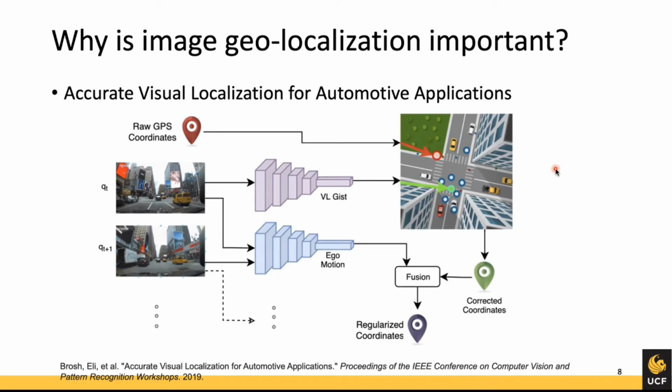Image geolocalization is very important for various real-world applications. For example, we can use it for automotive applications. Maybe the phone GPS you have is very noisy, right? So it's not very accurate. We can use image geolocalization methods to calibrate or refine the GPS location for navigation.